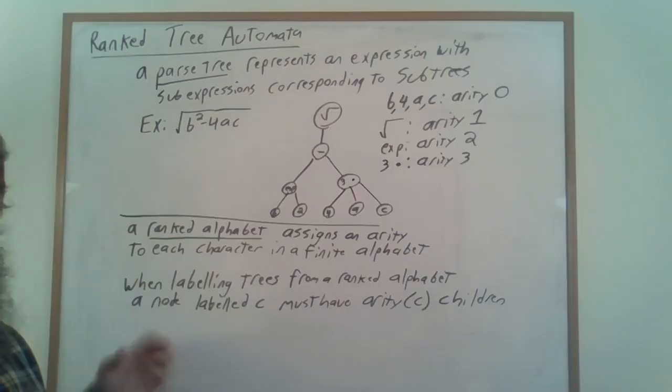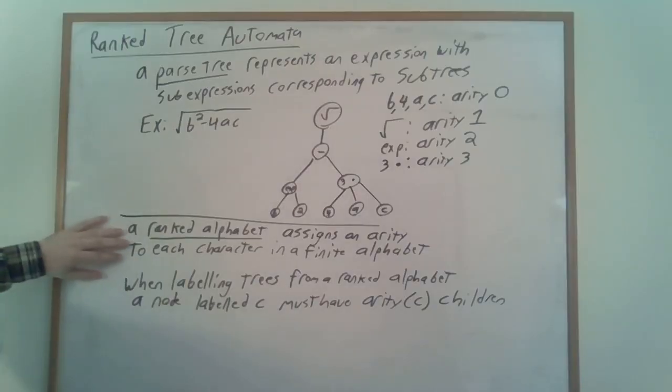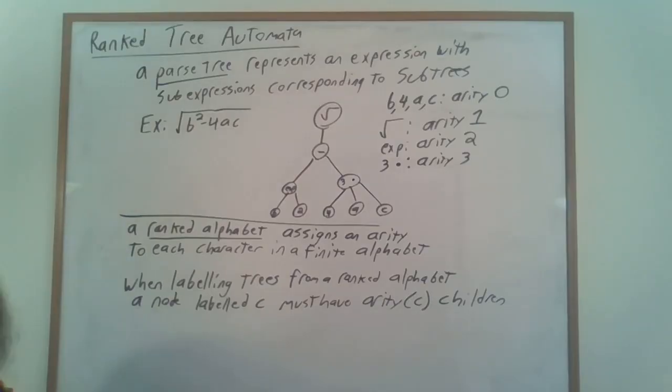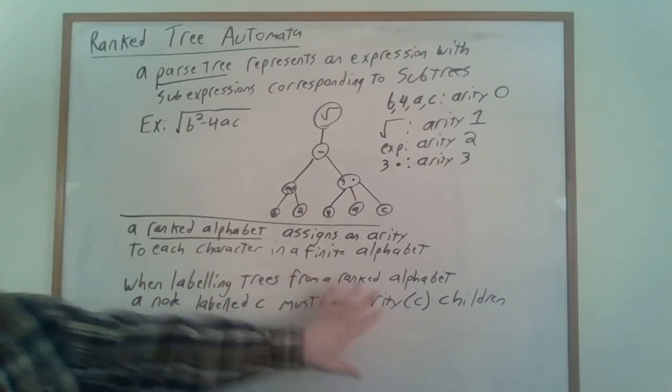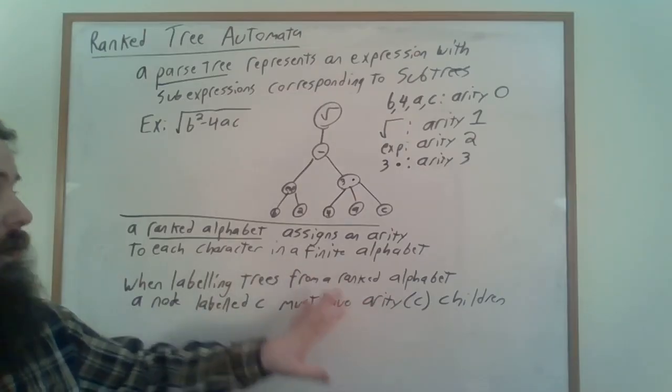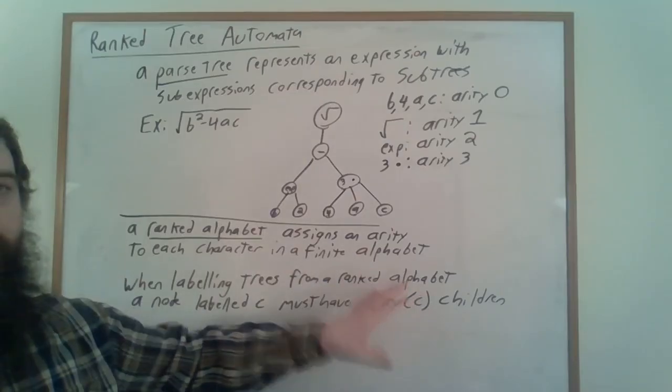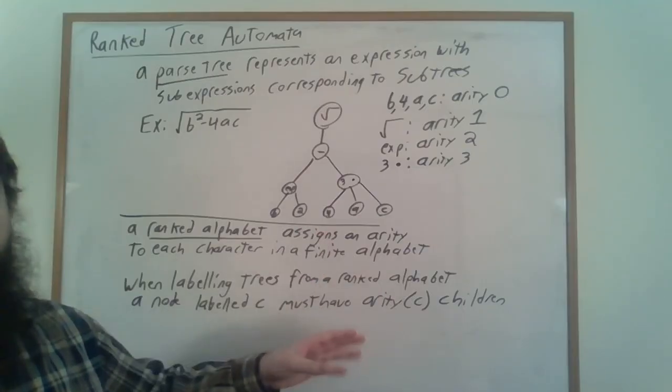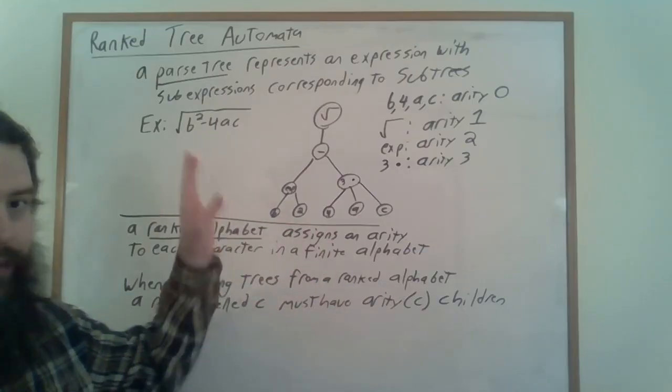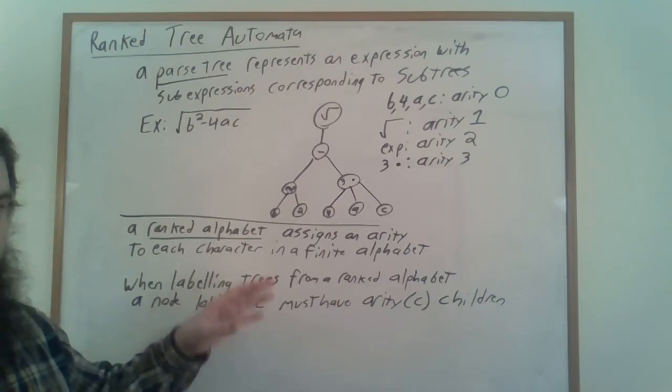It turns out things are much easier if you can put this restriction on the number of children of any one particular node. And because there's only a finite number of characters in the alphabet, it gives you a global upper bound for the number of children of any node on your tree. And that's really nice when it comes to defining automata.